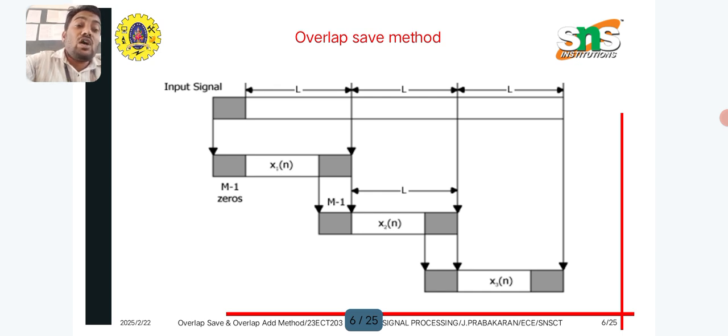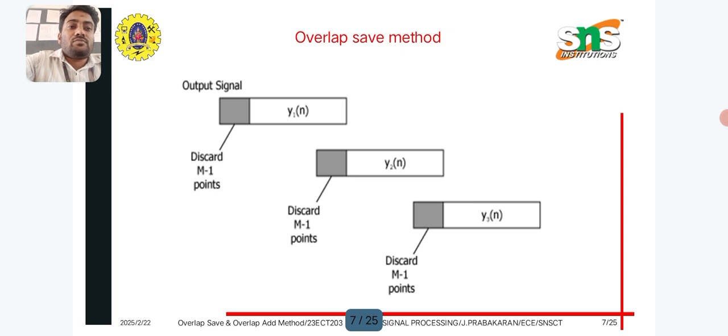The length of y of n, represented by capital N, is equal to the length of the input sequence x of n plus the length of the impulse sequence h of n minus 1. Here you can see y1 of n, y2 of n, y3 of n.